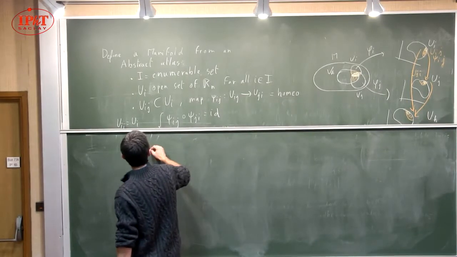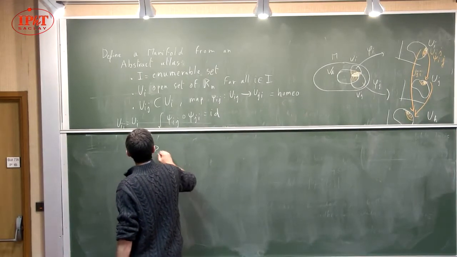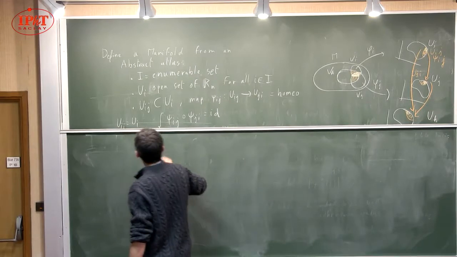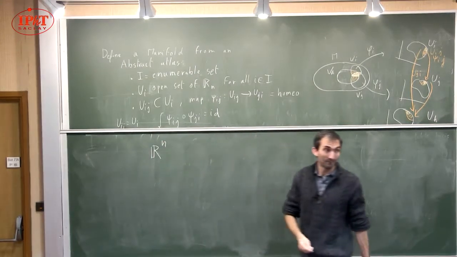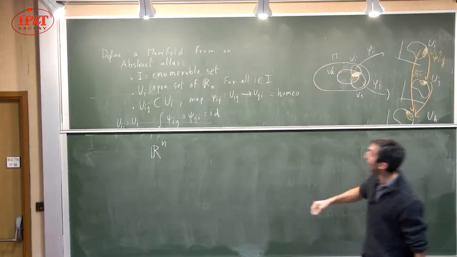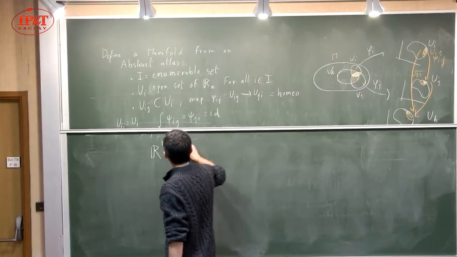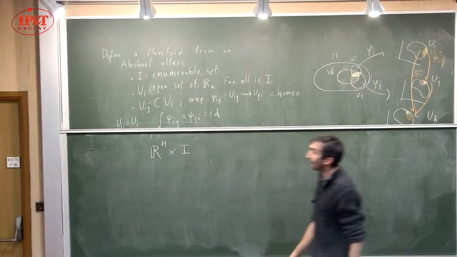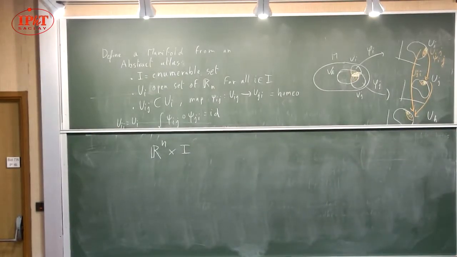So basically, you want to take several copies of Rn, as many as the number of Ui you have, cross I. Your manifold will be defined as a subspace of that.